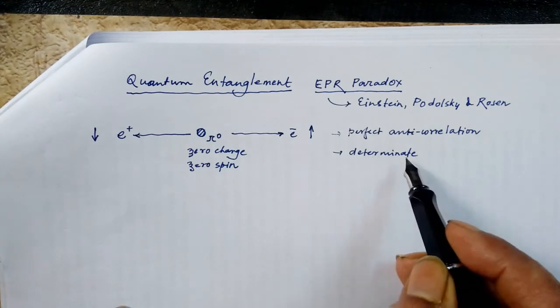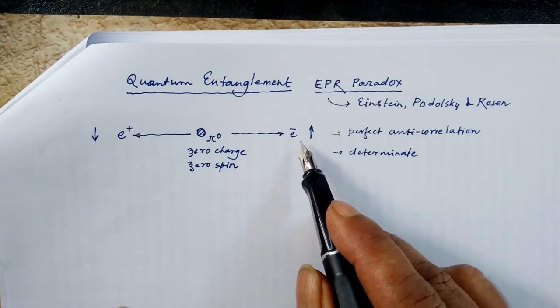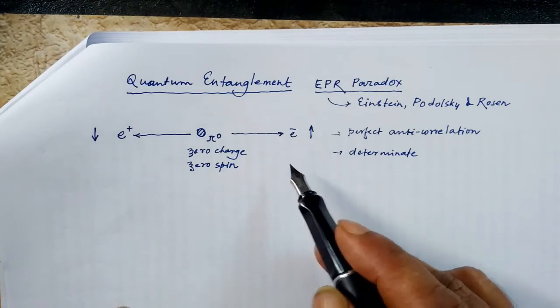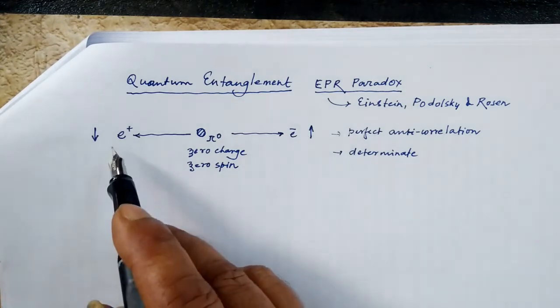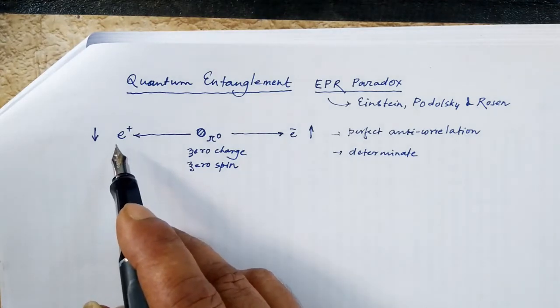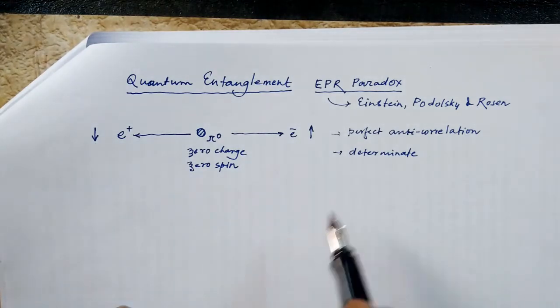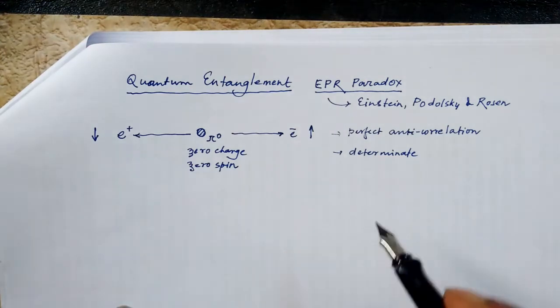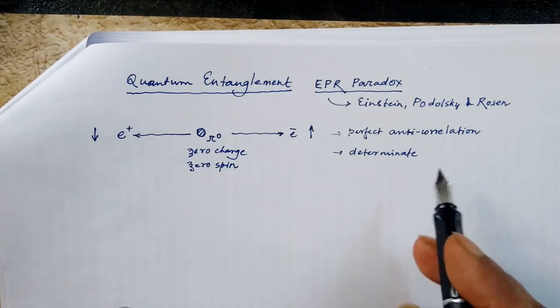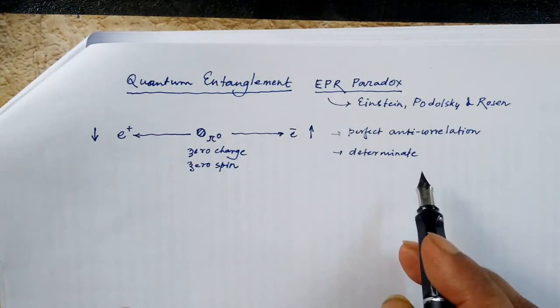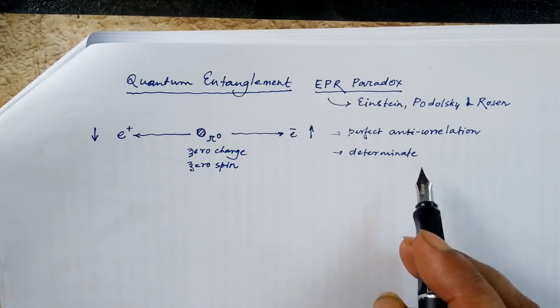So even before we measure, the spin is actually half, and the spin of the positron is actually half in the opposite direction. So it was determinate. That's what Einstein's idea was.